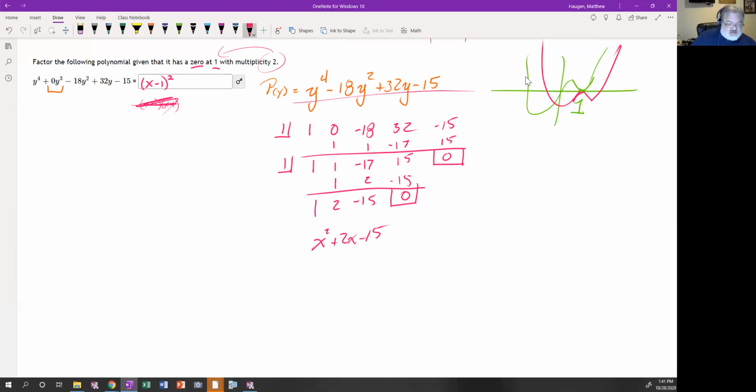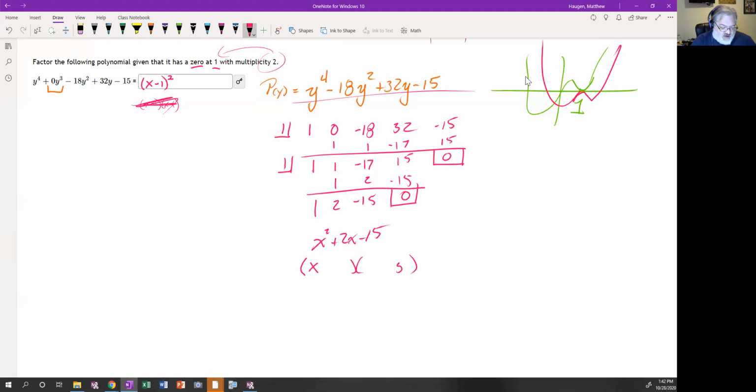And ideally, that should be something that we can factor, because it's a quadratic. And even if it's not factorable, we could use the quadratic formula to figure out what the zeros would be and turn those zeros back into factors. So even if it wasn't strictly factorable, we could force it.